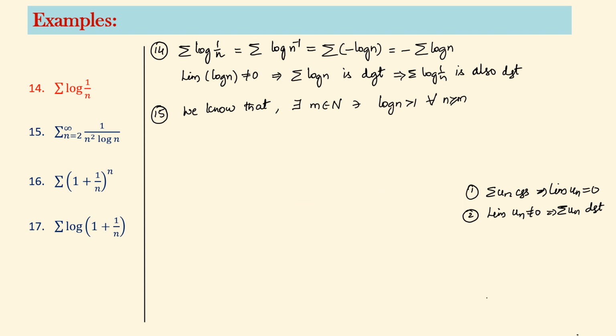So taking the reciprocals, 1 by log n is less than 1 for all n greater than or equal to m. Here we have 1 by n square into log n. So multiply with 1 by n square both sides. 1 by n square log n is less than 1 by n square for all n greater than or equal to m.